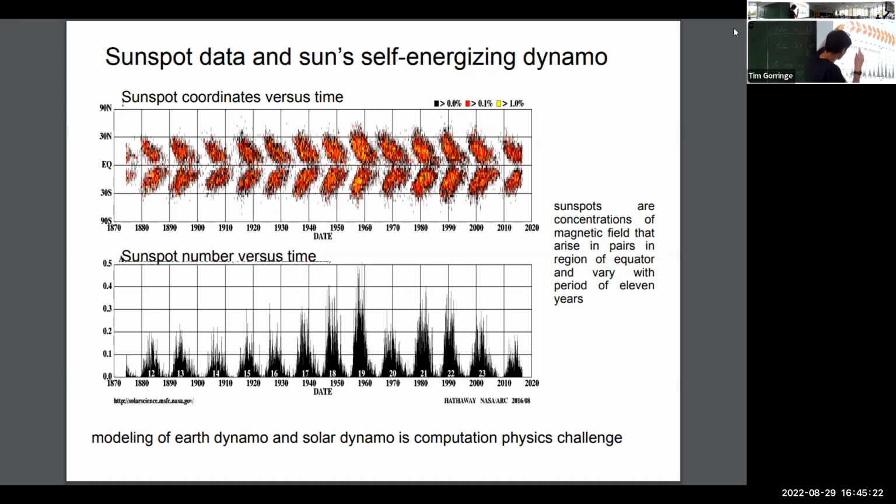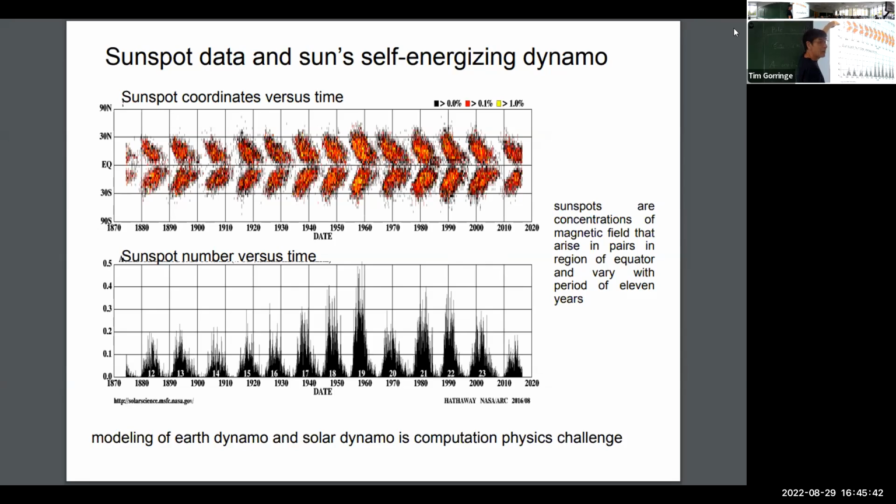This one's called a butterfly plot. So it's time horizontally, on the horizontal axis here. But what you see plotted vertically is the locations of the sunspots with respect to the equator.